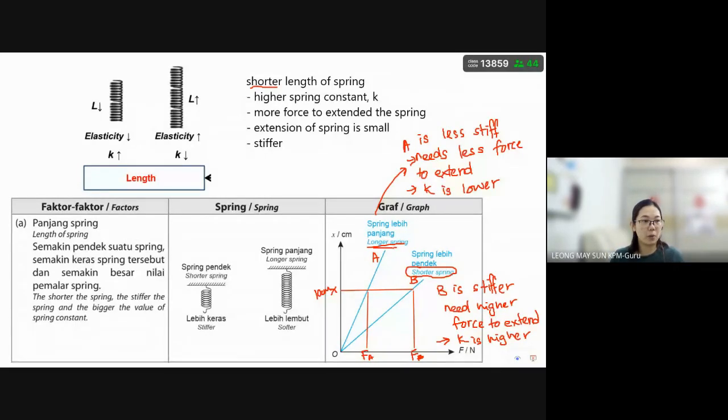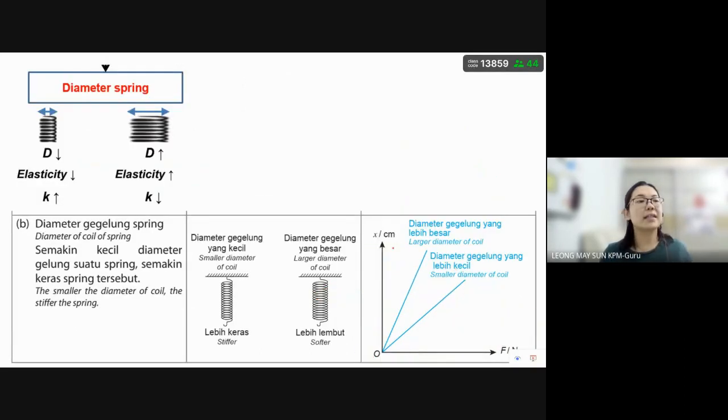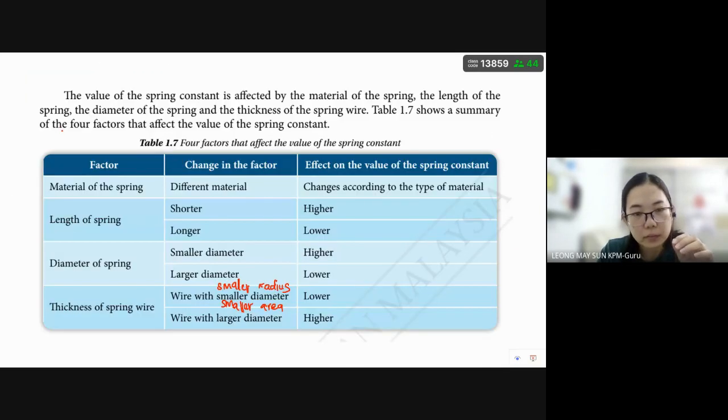5, 4, 3, 2, 1. Next, diameter. Diameter of the spring depends on whether it's a big diameter. Okay, do take note of one thing. When we talk about all these factors, let's just say right now we are dealing with diameter. When we change the diameter, we assume the rest is constant.